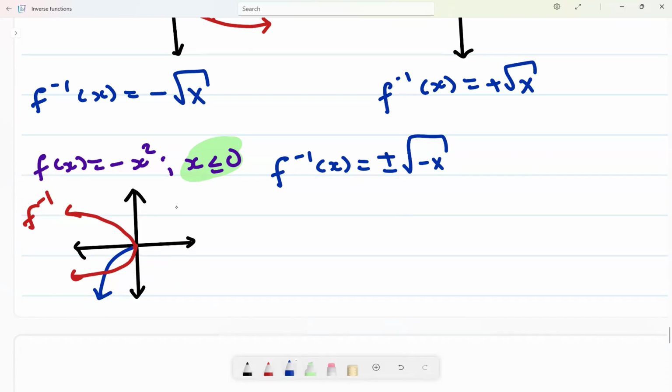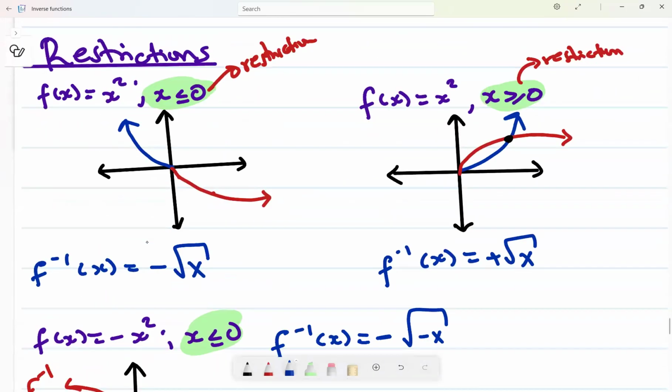Here, remember x, when it comes here, y is less than or equal to 0. So where is y less than or equal to 0? It means here I need to remove this plus or minus and say this should be negative. Why? Because now my x are negative, therefore that needs to be negative.